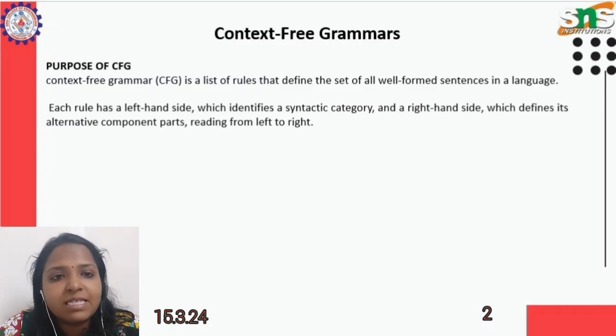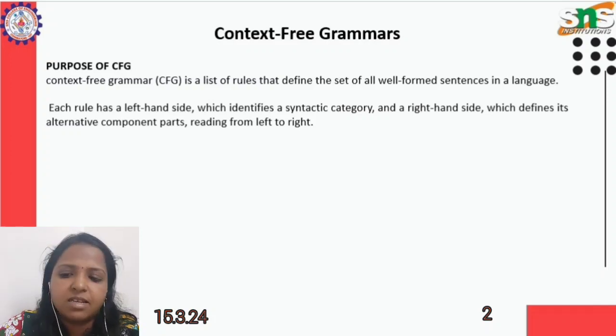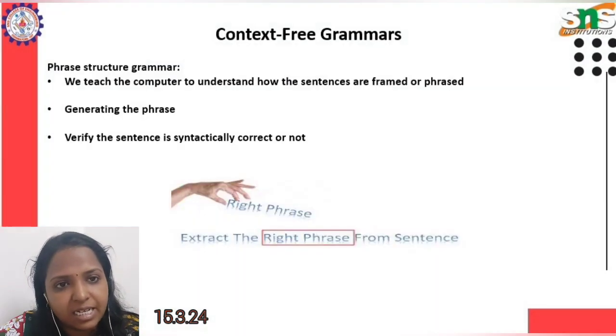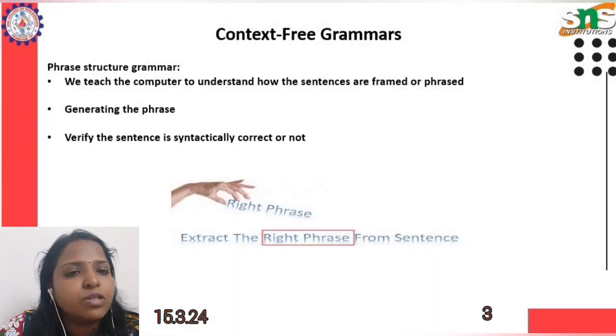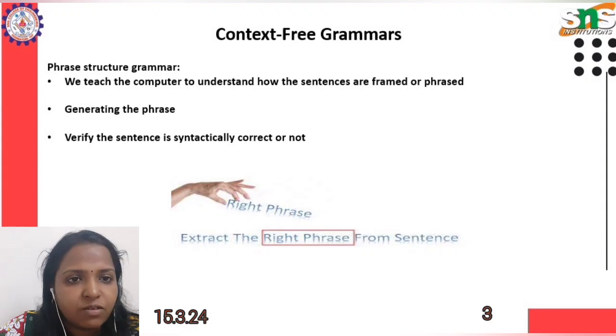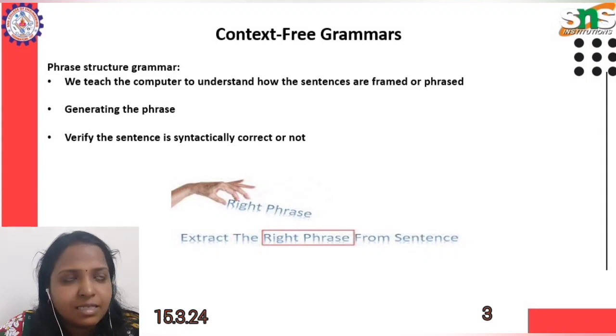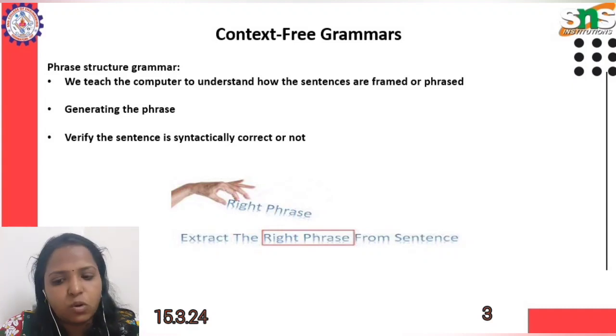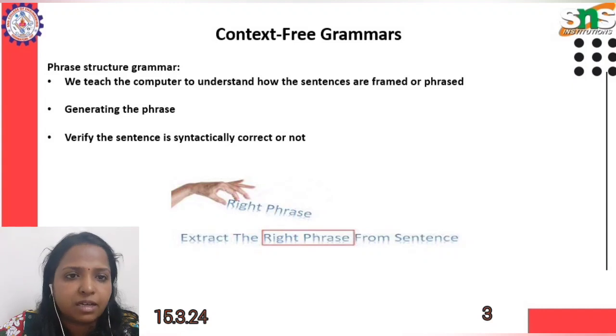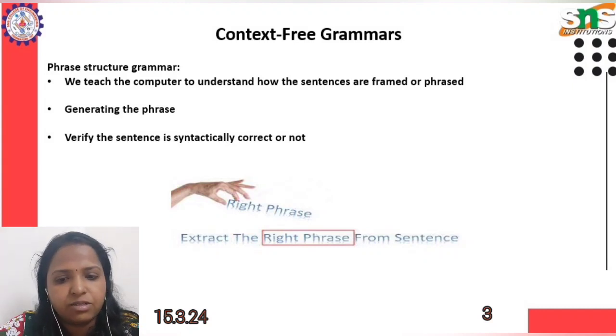CFG gives you a set of rules which helps us to frame a sentence and generate it syntactically correct. First, it helps us to form the sentence in the right way. Second, it helps us to verify whether the sentence we are giving is right or not. Syntactically, it will check the syntactical correctness.